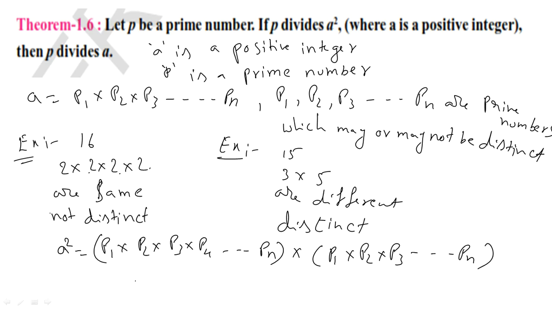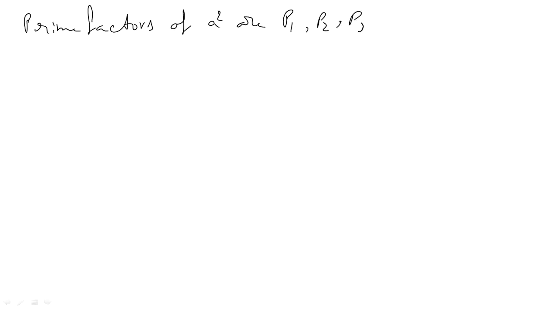Now, A square is equal to P1 square into P2 square into P3 square and so on Pn square, isn't it? Now the prime factors of A square are P1, P2, P3 and so on Pn.